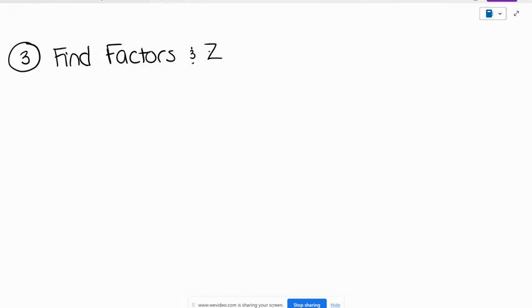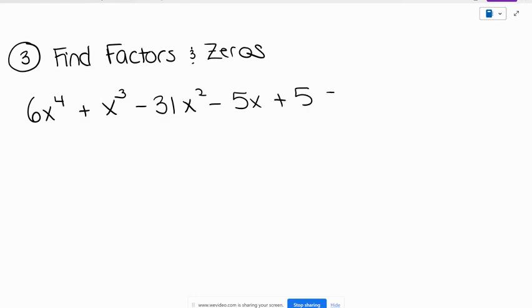So this is number 3. Again, I want us to find factors and zeros. So 6x to the 4th plus x to the 3rd minus 31x squared minus 5x plus 5 equals 0.